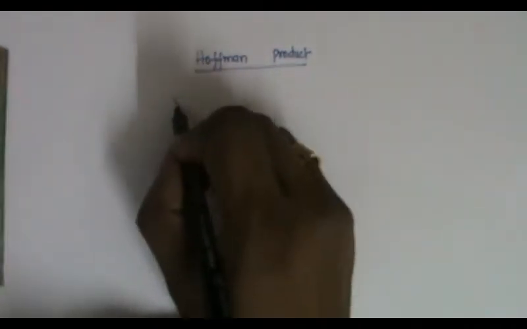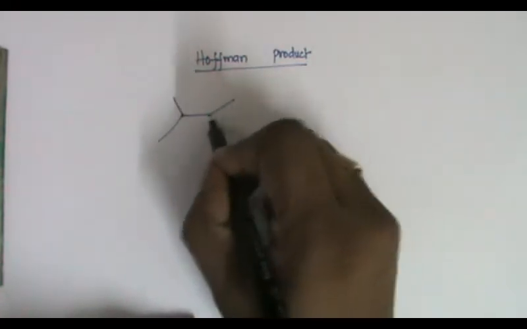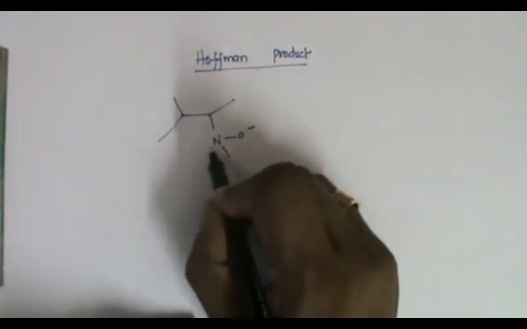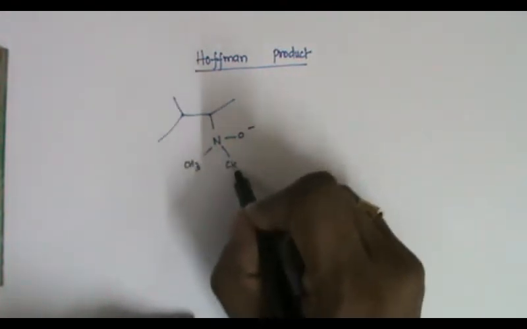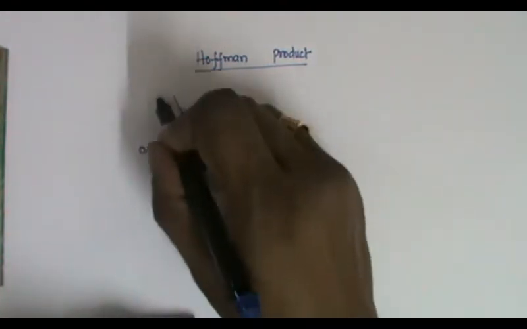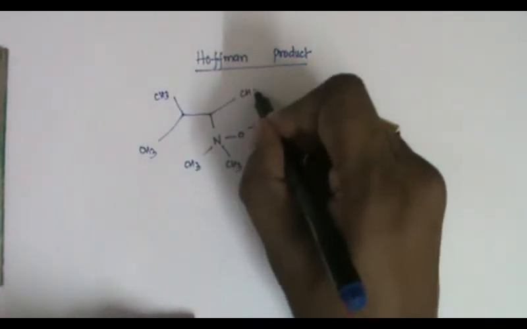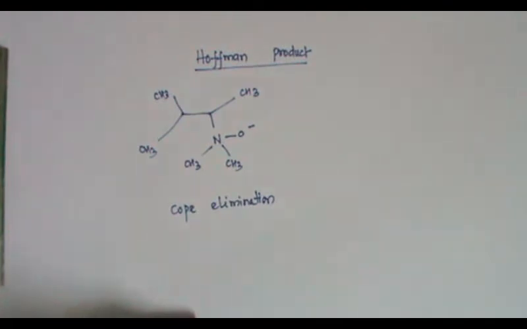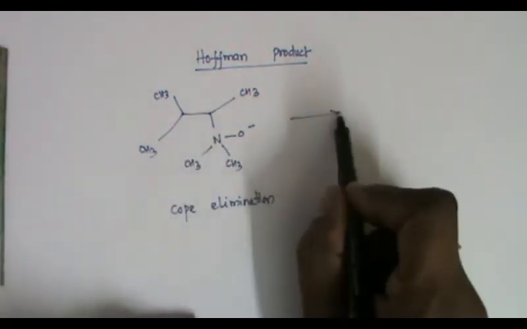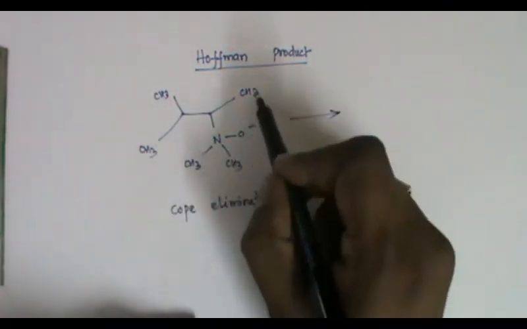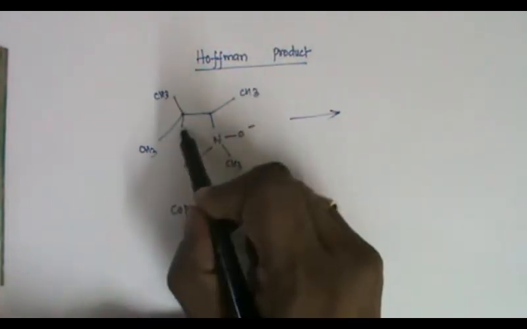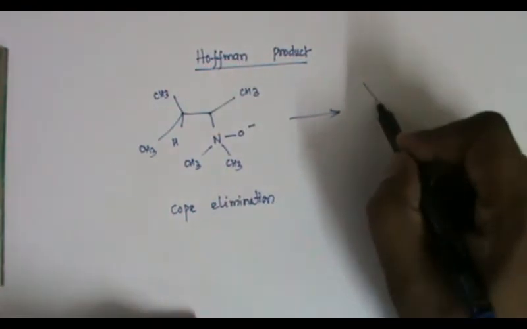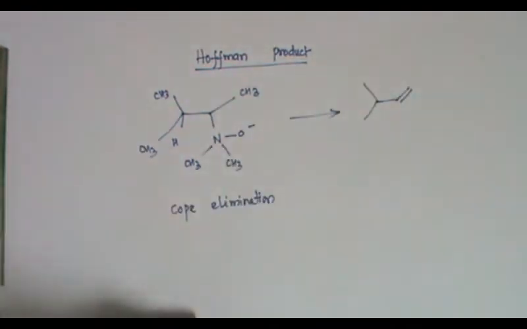For example, I go for the elimination of this compound. So basically, it is nothing but Cope elimination. N-oxide. Now, this N-oxide can take this hydrogen as well as this hydrogen. If it takes this hydrogen, we will get this product.